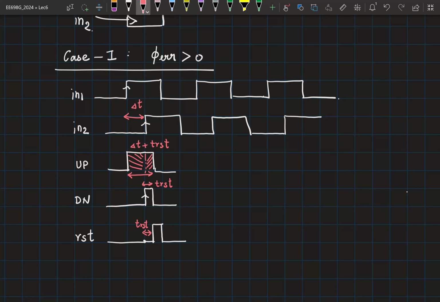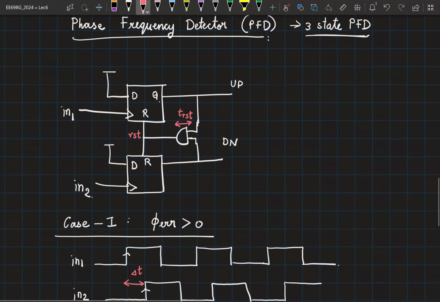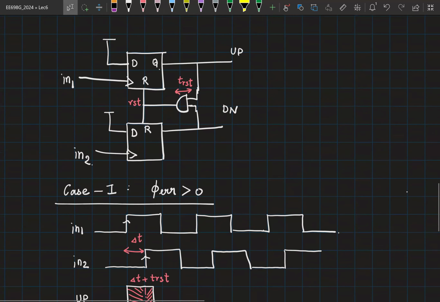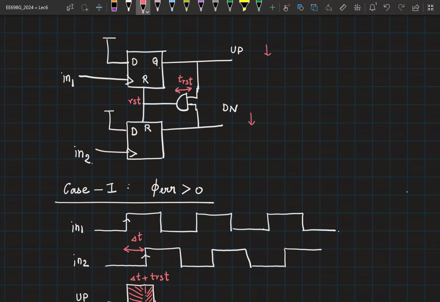Yes, you have a doubt? So the reset, let's say, you need to understand the waveforms, right? So I think it is a relevant question. So let's say up came down, down also came down. Your output will change T reset time after that. The delay from input to the output is T reset according to the figure.